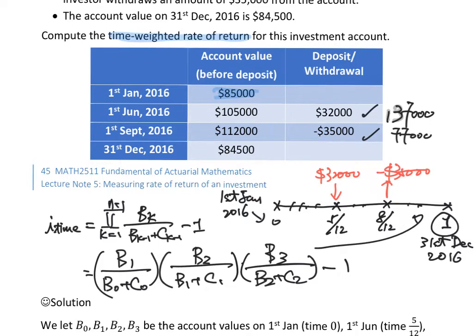Each term corresponds to the first period, second period, and the third period. The only thing left is to pick up all the numbers for B0, B1, B2, B3, C0, C1, and C2. It's not hard to get because all this data is available already.